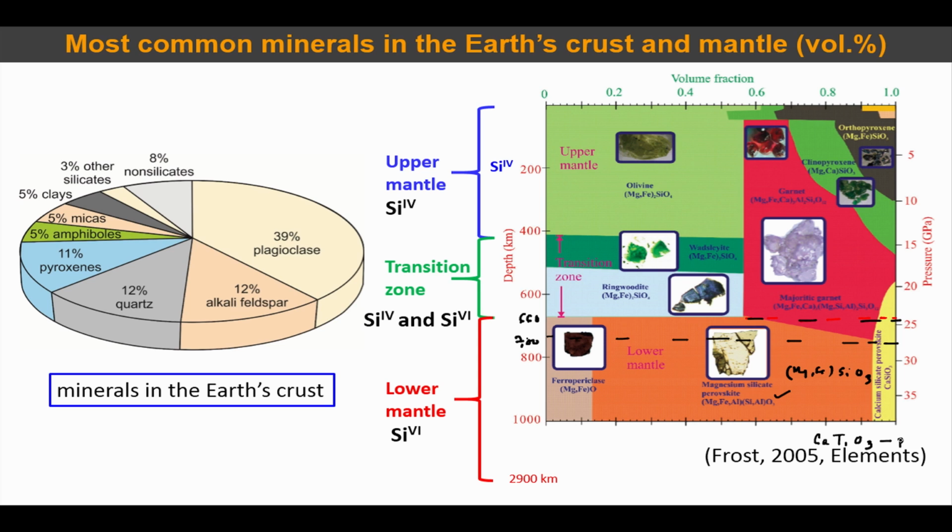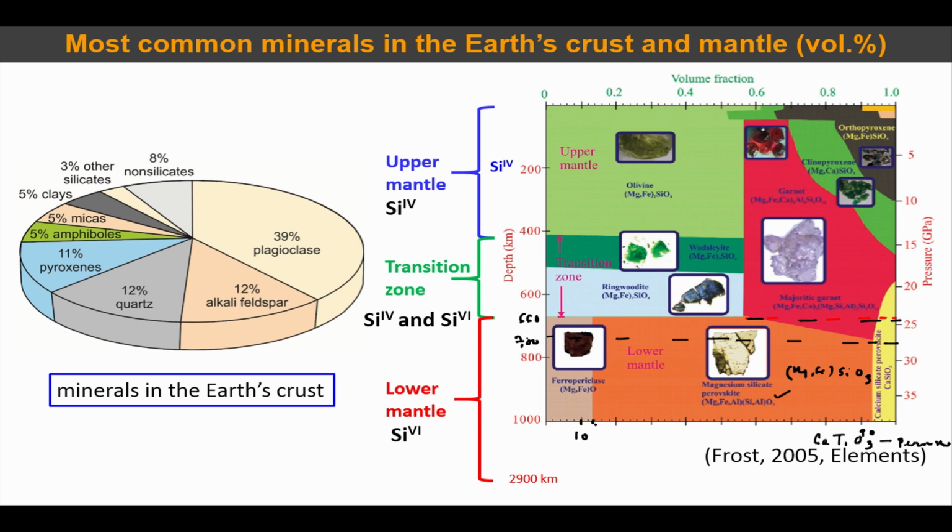In some other magma, other rocks, you can find this mineral, perovskite. So basically, the most abundant mineral in the upper part of the lower mantle is more than 50%.